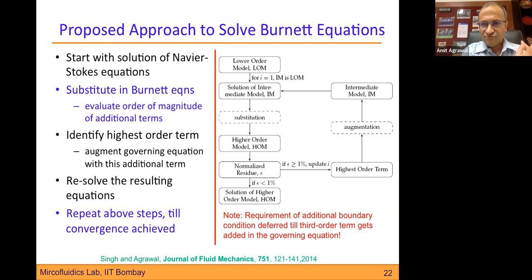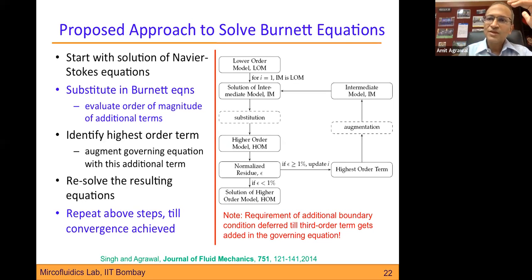So if there is a stress term which I found to be significant, I will put it back into my governing equation, which to begin with was Navier-Stokes. Then I will try to solve the new governing equation, which is Navier-Stokes plus that additional stress term.